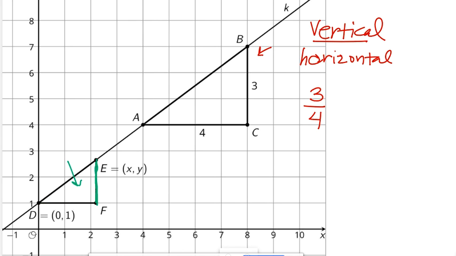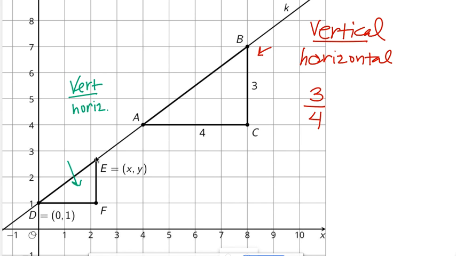And we can't estimate, and we're not going to use a ruler. We've got to use the information given to us to determine the expression for the vertical distance over the horizontal distance.